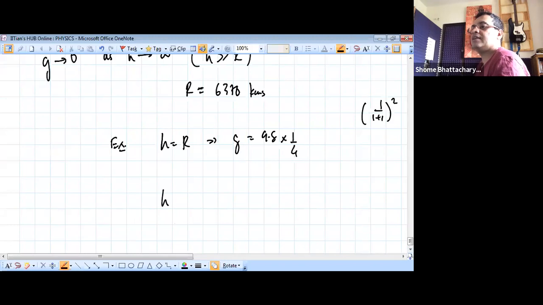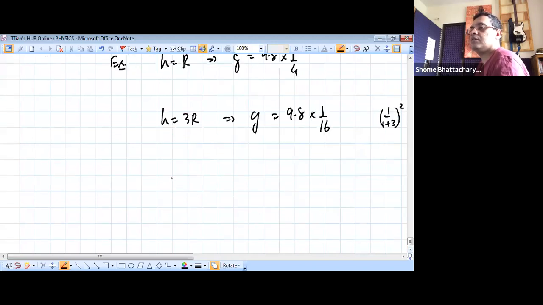If we take the height as, let's say, 3r, so g at that height will become 9.8 upon (3 plus 1) whole square, so that will become 16. So this will become 1 upon (1 plus 3) squared. You can see how rapidly it's decreasing. Now suppose you take a height of, let's say, 1000 times the radius of the earth. So g will become how much?